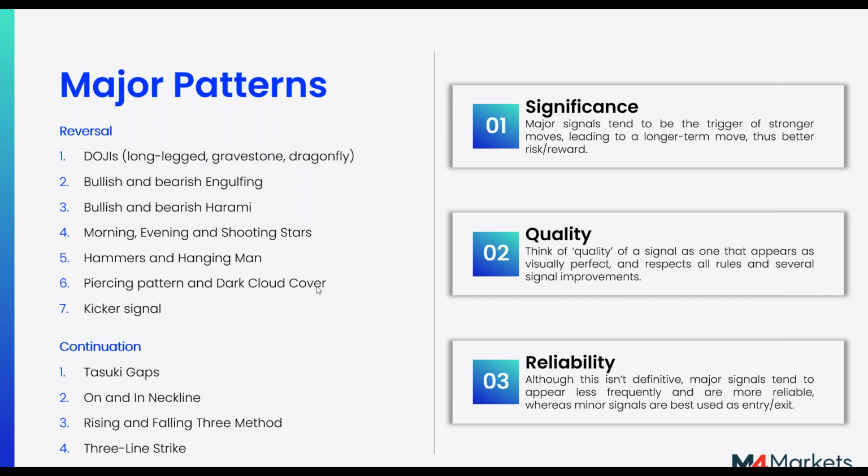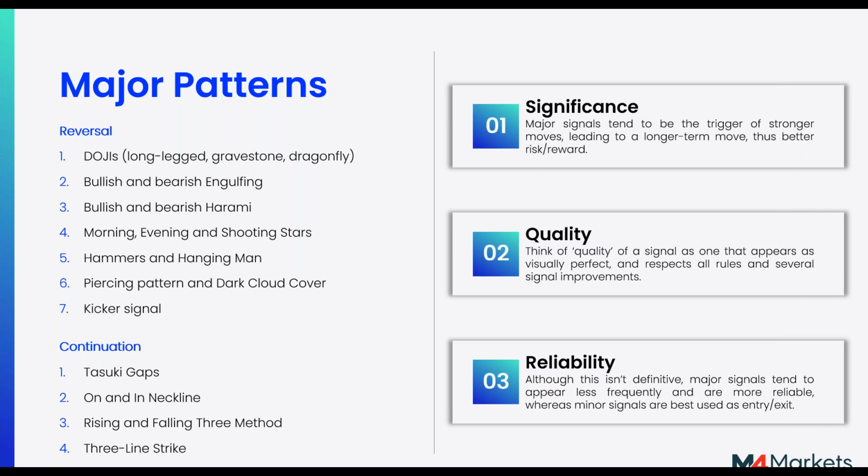So major signals tend to be the trigger of stronger moves, which means they lead to a longer term move, which of course then implies a much better risk to reward ratio for this particular trade. And this is very important, guys, because major patterns are major because they are able to provide better rewards for smaller risks. That's one thing.